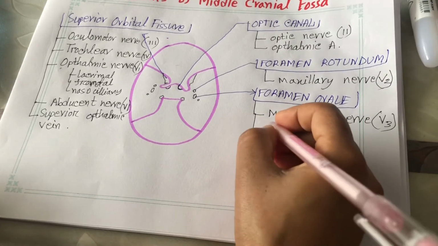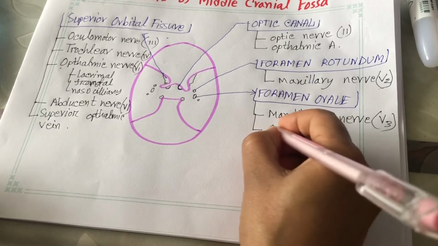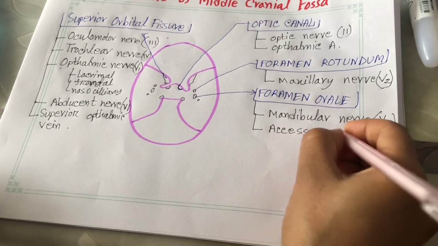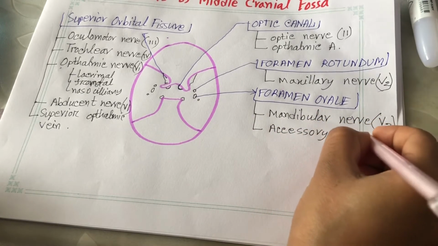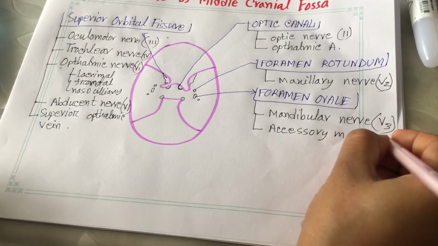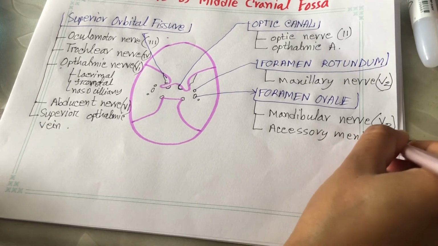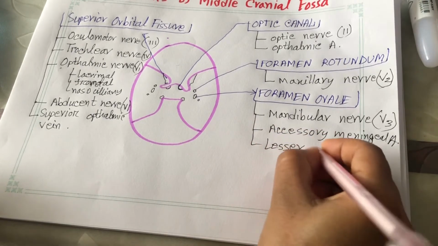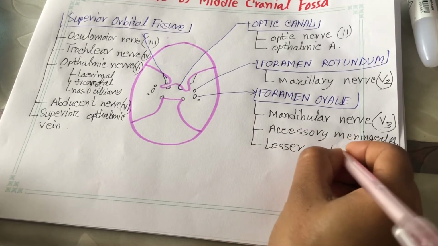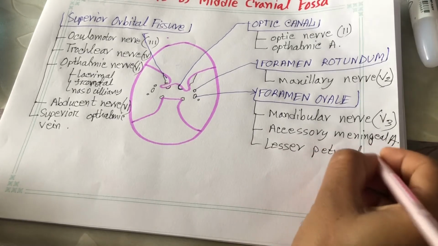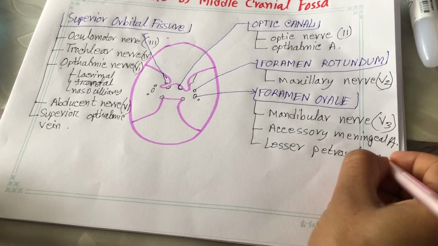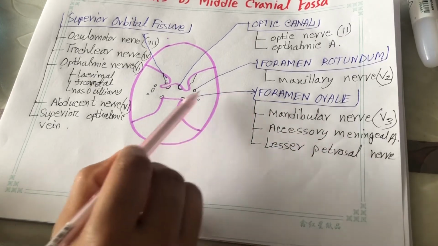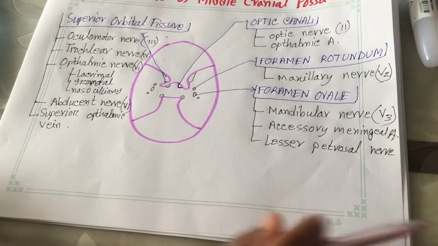Then accessory meningeal artery and lesser petrosal nerve. So these three contents pass through the foramen ovale.